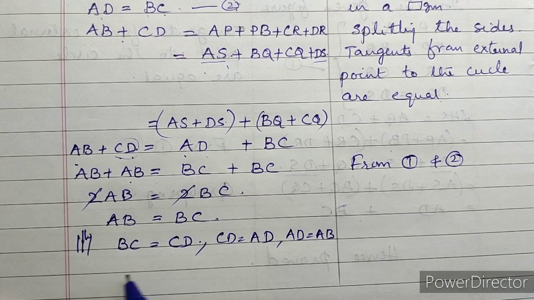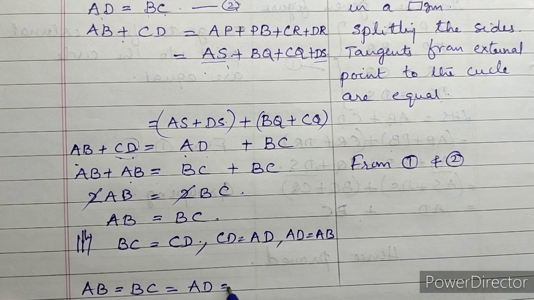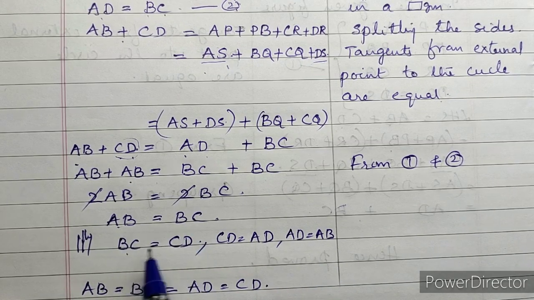So that means AB is equal to BC is equal to AD equals CD. All the sides are equal from this. AB equals BC, BC equals CD, CD equals AD, AD equals AB.